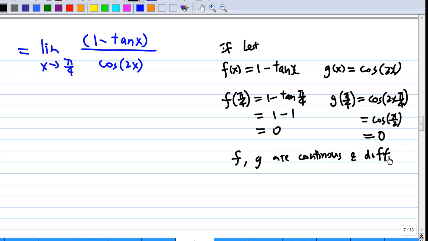So all the conditions required by L'Hopital's rule are satisfied.